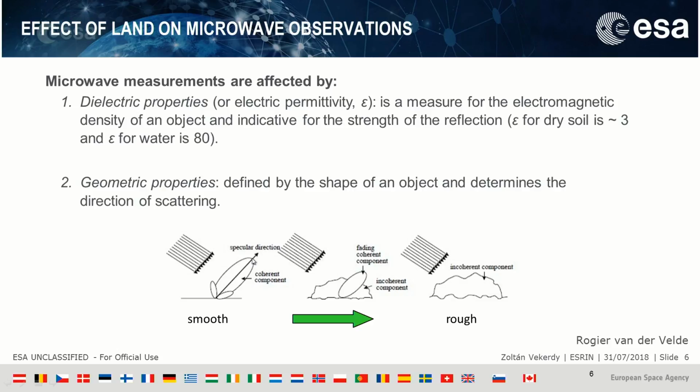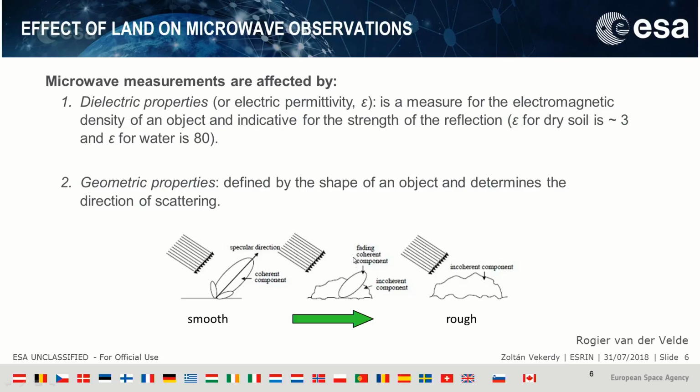Practically, with a smooth surface, you will get a specular reflection. It will have a very little component, if not zero, that goes back towards the sensor, which is in the direction of where the signal is coming from. And a large component will be reflected in a specular way away from the sensor.